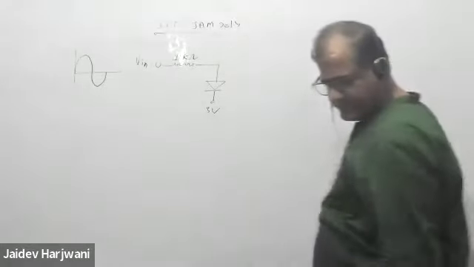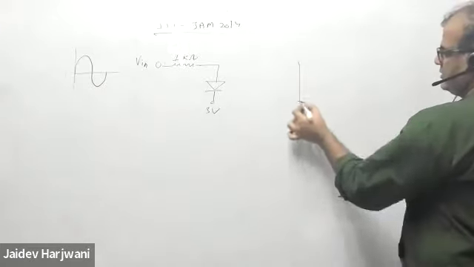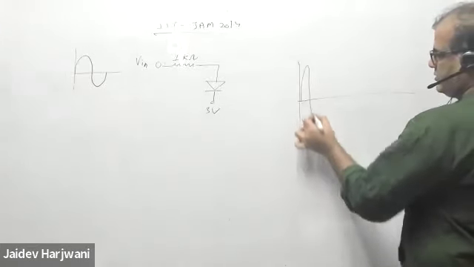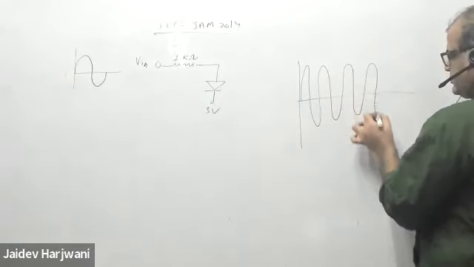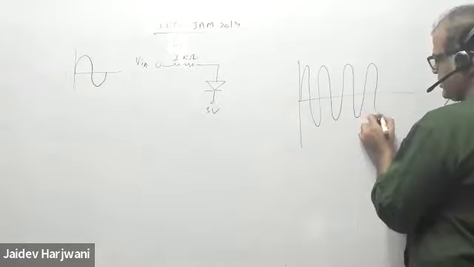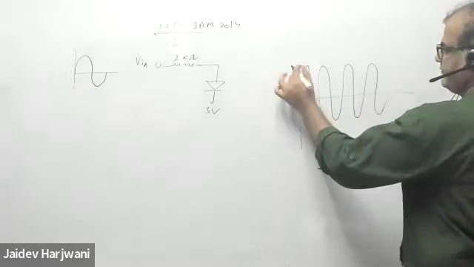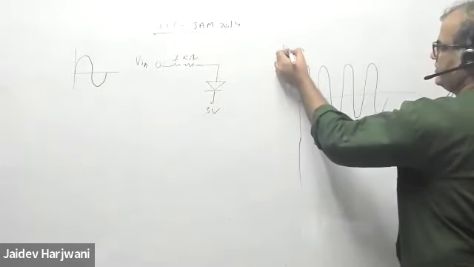Basically the input is given like this. It's a sine wave. And now you have to find the V output. This is your V input.